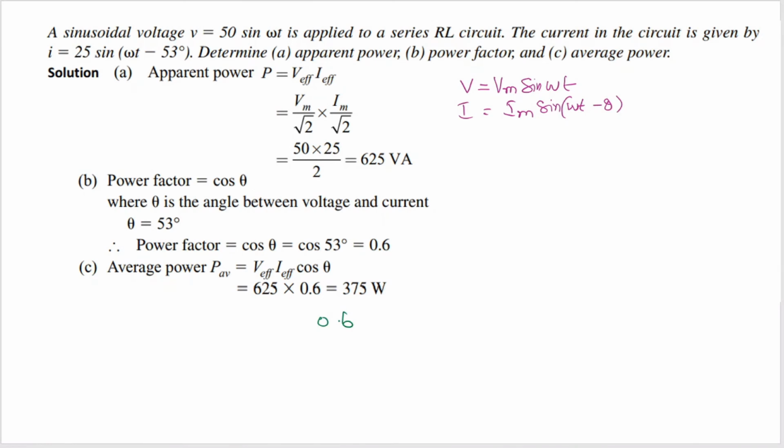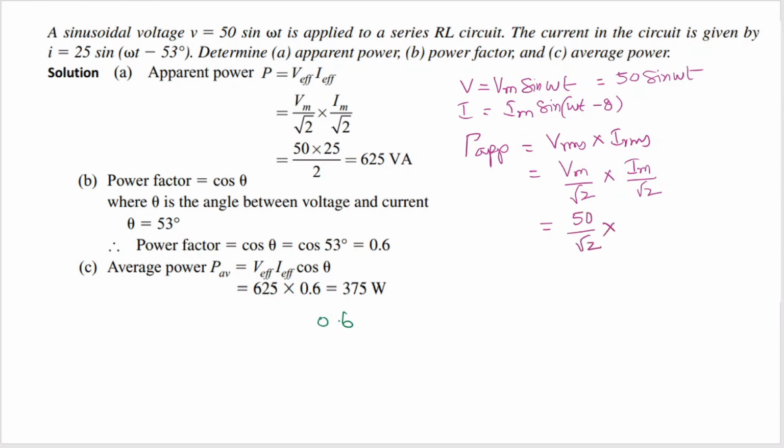What is the apparent power? P apparent is equal to Vrms into Irms. What is the Vrms formula? Vm by root 2. What is the Irms formula? Im by root 2. Vm is 50 from 50 sin omega t, so Vrms will be 50 by root 2.